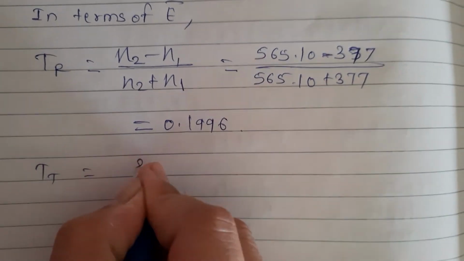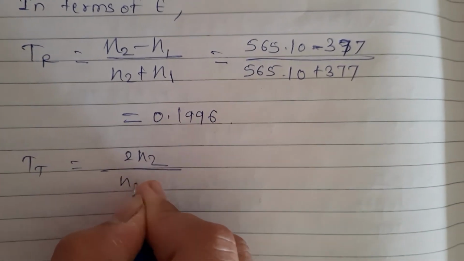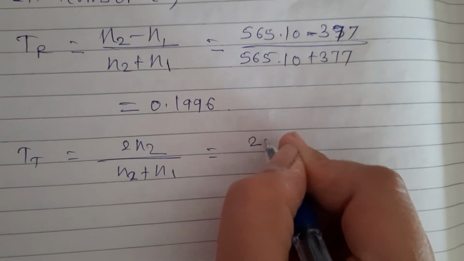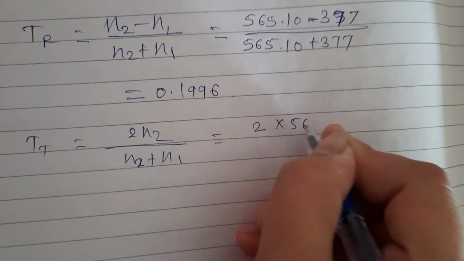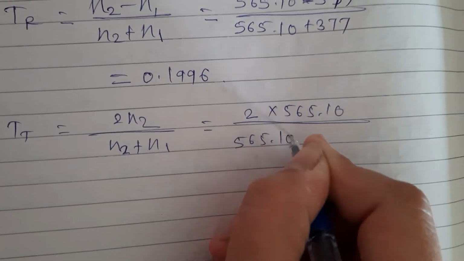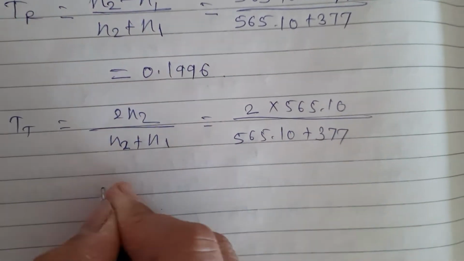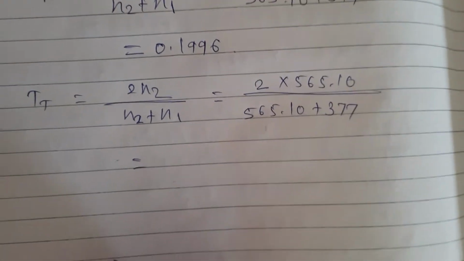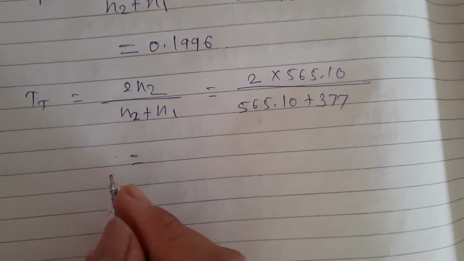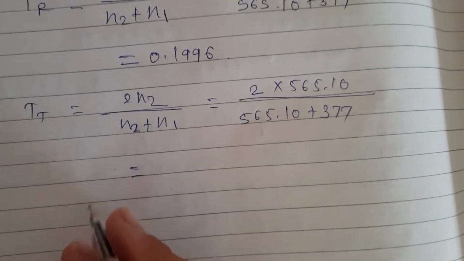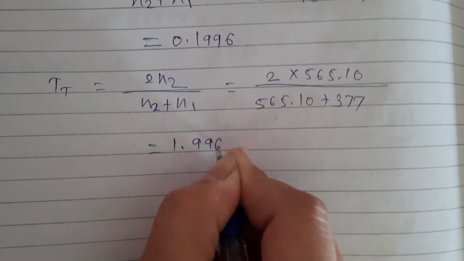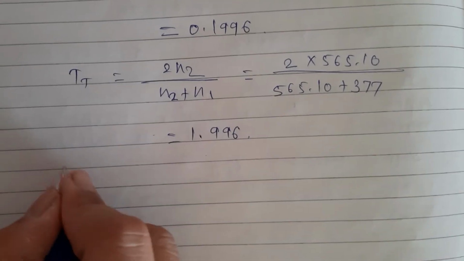The transmitted coefficient is two into 565.10 divided by 565.10 plus 377, and its answer is 1.196.